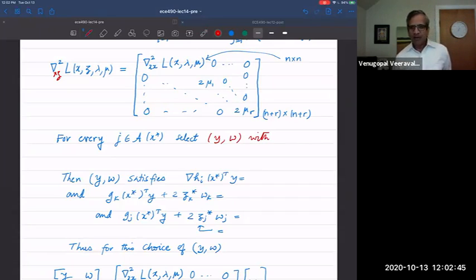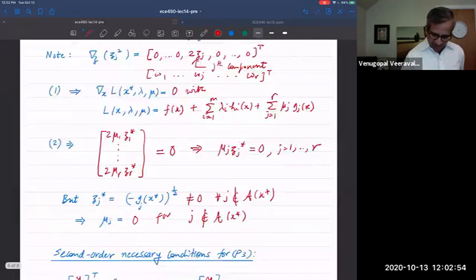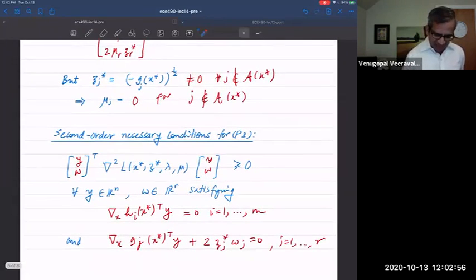I just need to make sure that when I choose my y and w, they satisfy these conditions. Once they satisfy these conditions, I know that I can apply this, and from this, I'm going to establish that mu j is non-negative.